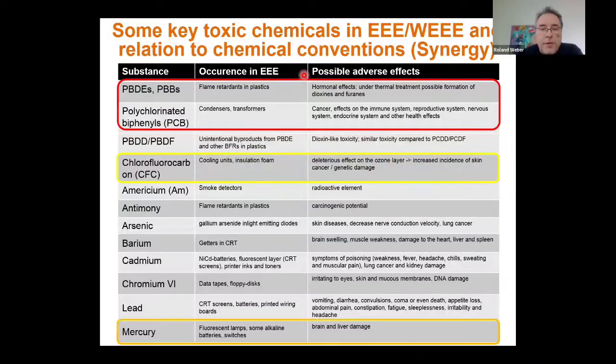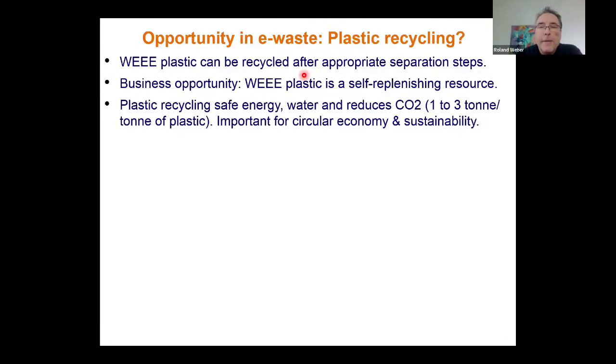We have a range of heavy metals in e-waste which you need to take care of in the end-of-life management, including mercury, which is addressed by the Minamata Convention. So therefore, please do not only focus on the PBDEs, but we need to look also at other pollutants when we are talking about end-of-life management and recycling.